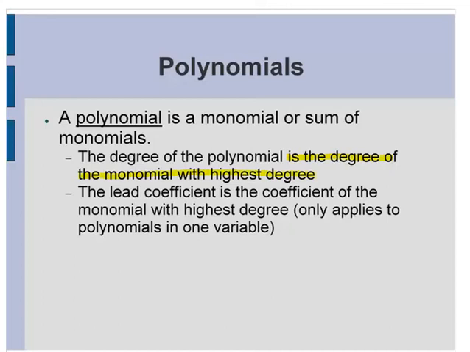So we look over the polynomial and we say which of those monomials has the highest degree. That's the degree of the polynomial. Another term involved with polynomials is what's called the lead coefficient. The lead coefficient is the coefficient of the monomial with highest degree.